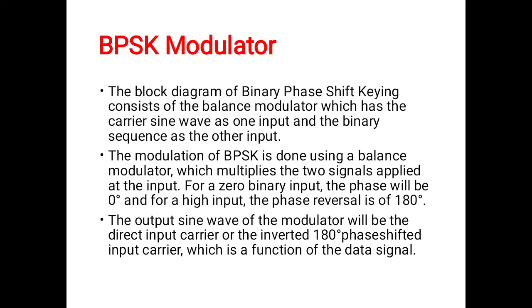The modulation of BPSK is done using a balanced modulator which multiplies two signals applied at the input. For a 0 binary input, the phase shift will be 0, and for a high input the phase reversal will be 180. The output sine wave of the modulator will be the direct input carrier or the inverted 180 phase shifted input carrier, which is a function of the data signal.